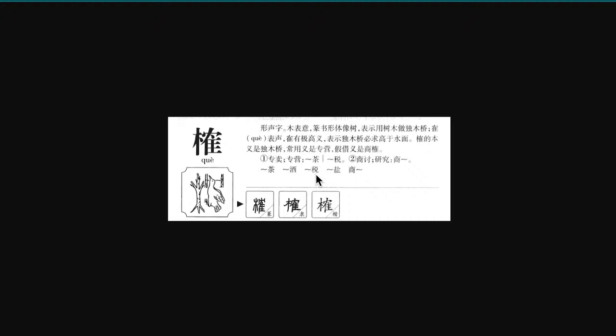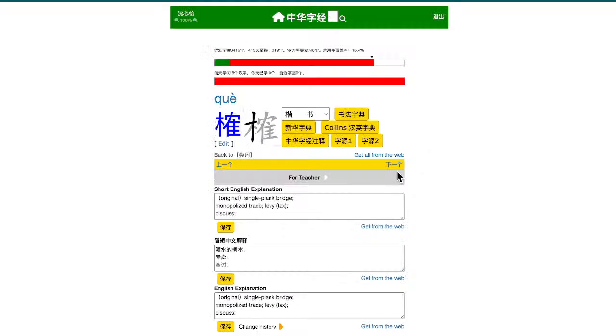Like this operation is monopolized, can only be operated by this entity. It's just like this bridge is made out of a single piece of plank. So that's why they use this 阙 plus the wood radical to create this character 阙.